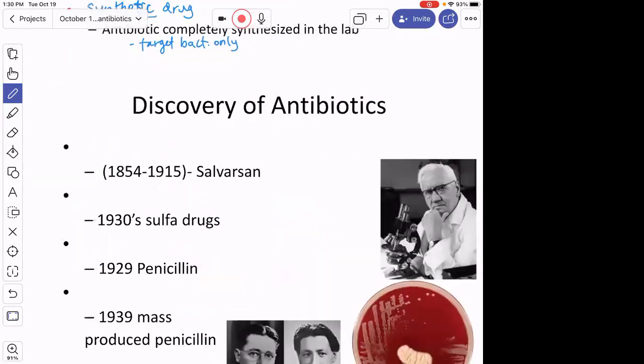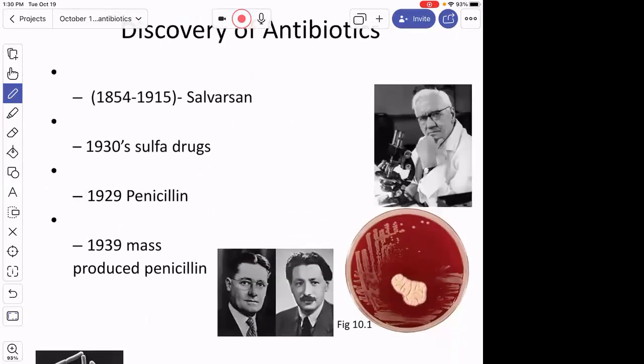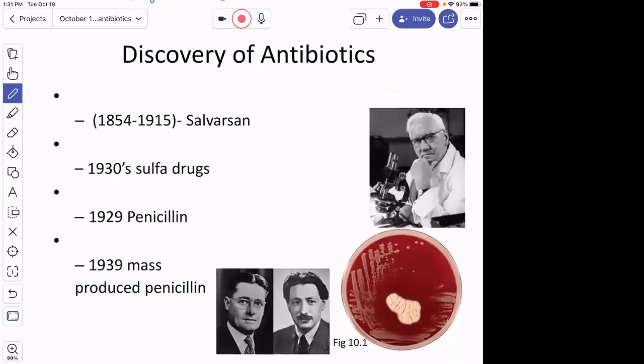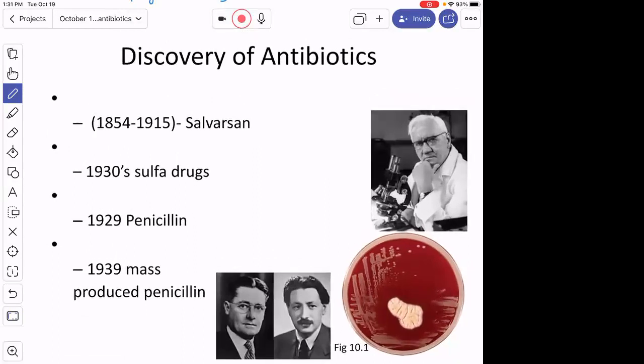All right, so discovery of antibiotics. What led up to the discovery? We talked about Paul Ehrlich, I think, on the first day of class. He was a German scientist who did his work in the early 1900s.